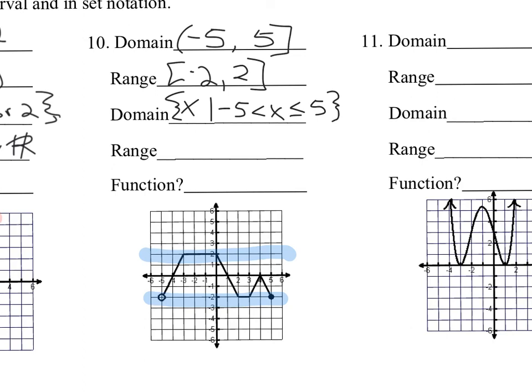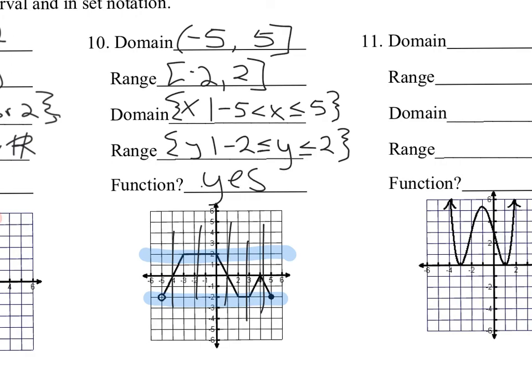And then for the range, we have y is such that we're going to include -2, and then it's less than or equal to +2. And now let's see if it passes the vertical line test. So we draw some lines, and you'll notice these lines do not cross the graph twice. So we'd say yes, this is indeed a function.